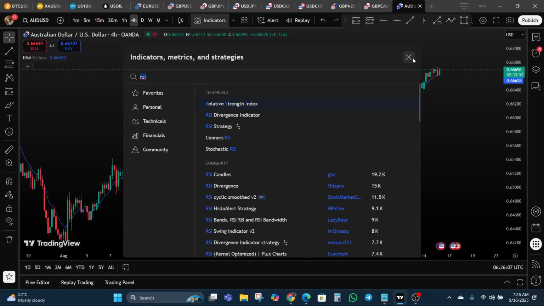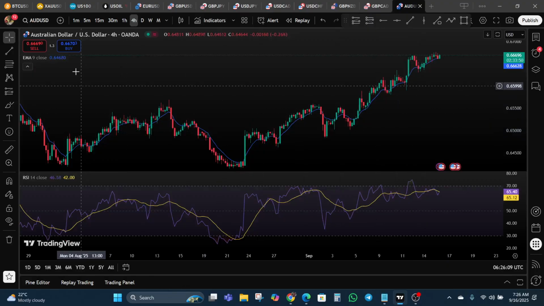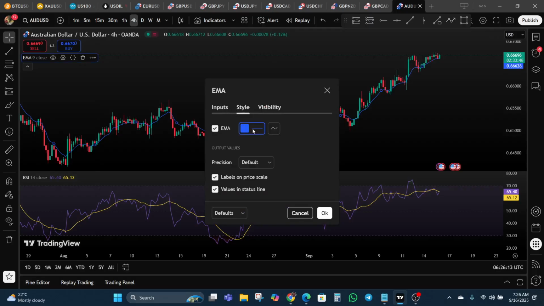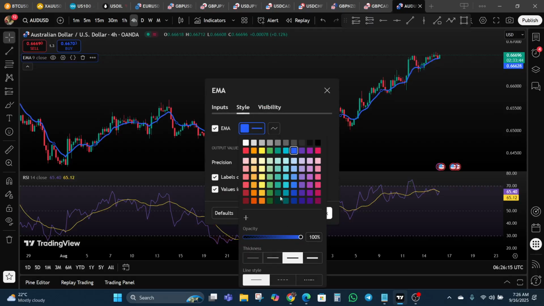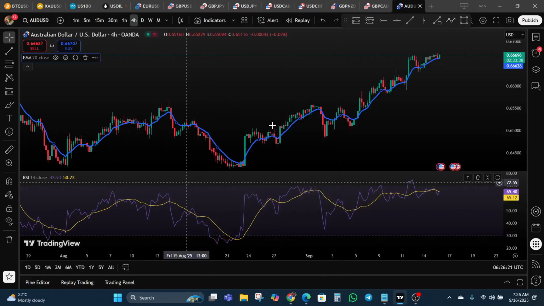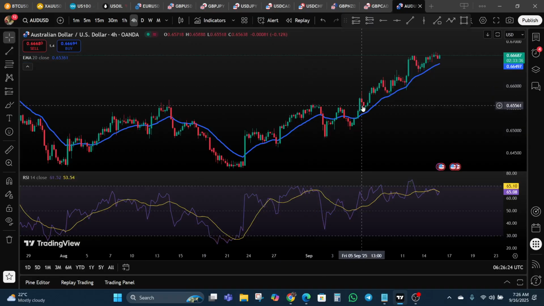If you are new to trading and you are confused on what indicators to use, the combination between the moving average and RSI is actually one of the common combinations that you can try out. It's a simple and straightforward strategy, actually.